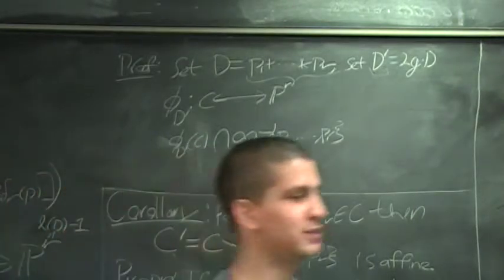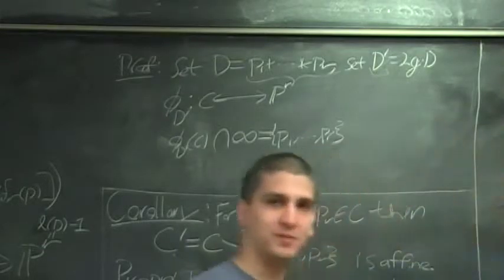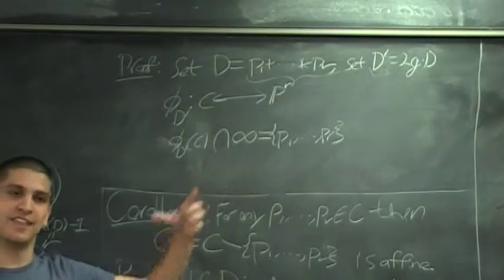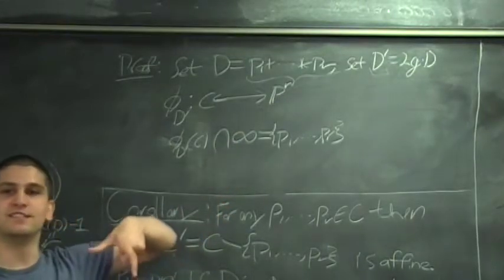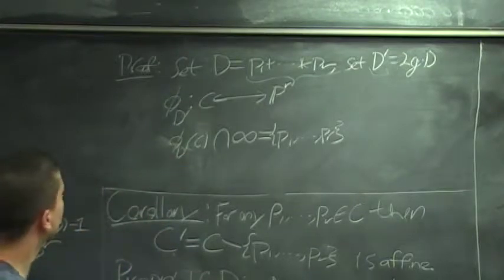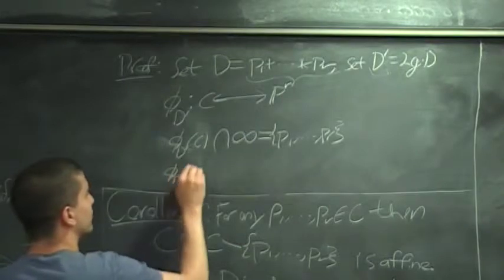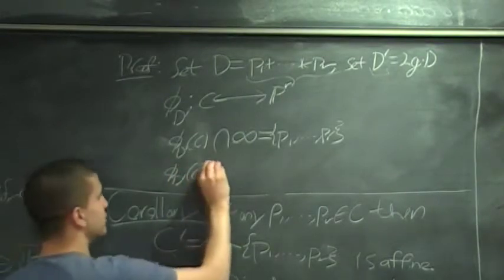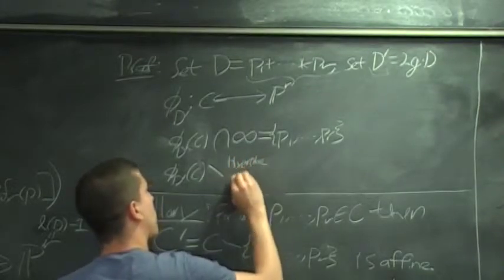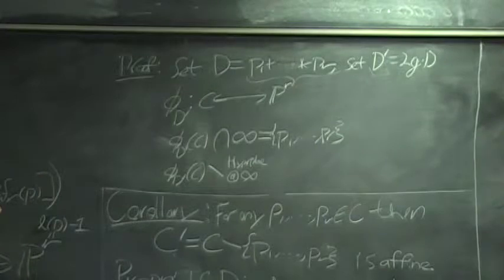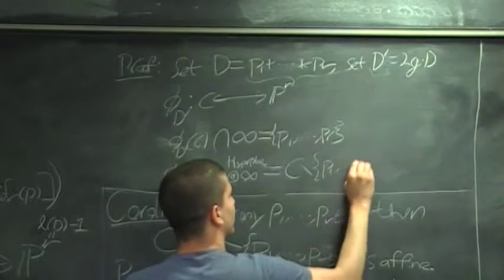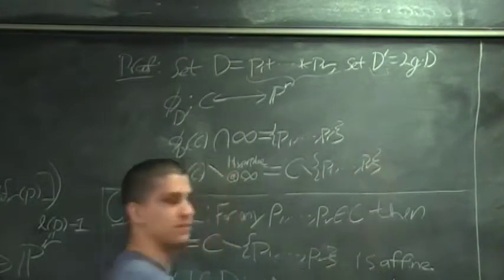So now the thing about projective spaces is that we talked about this last time, how you can break them into two parts. You have the hyperplane at infinity, and then everything inside of that is an affine space. So the complement of this, which is the image of C minus the hyperplane at infinity, is exactly equal to C minus our finite set of points.